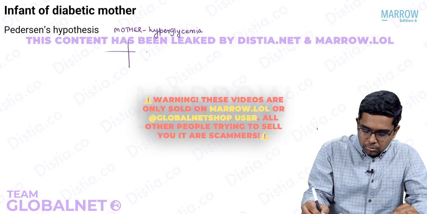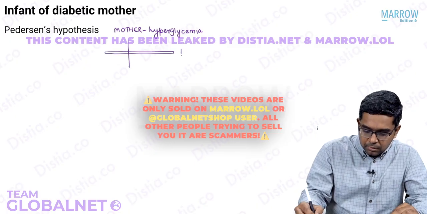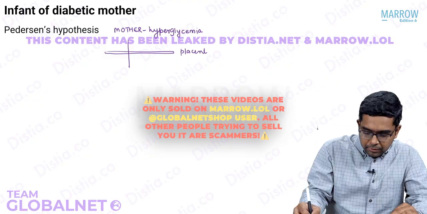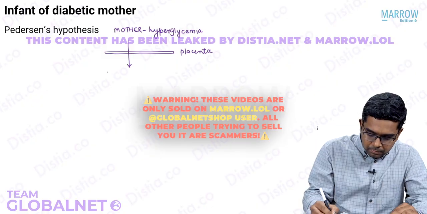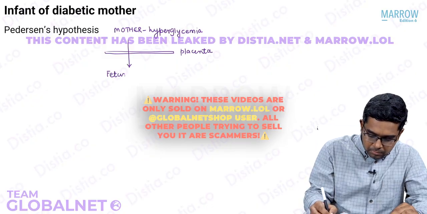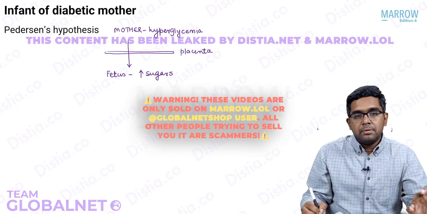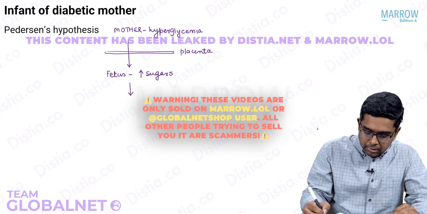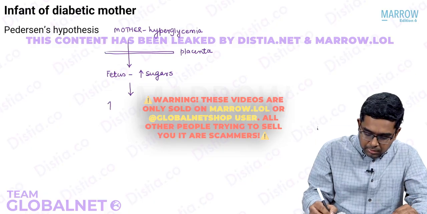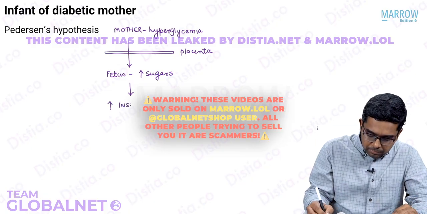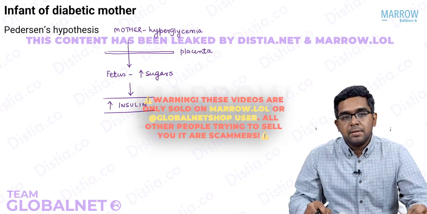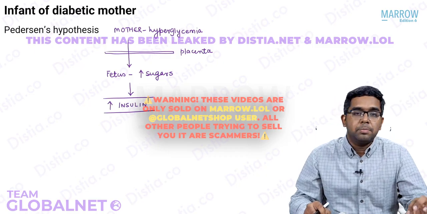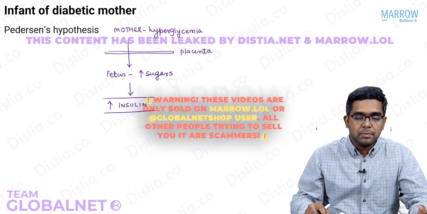This sugar will go through the placenta, enter into the fetus, causing hyperglycemia or increased sugar in the baby as well. Always remember, whenever sugar level increases inside the fetus, the baby's body will respond by increased secretion of insulin. And this increased secretion of insulin is where all the problems are going to start from.